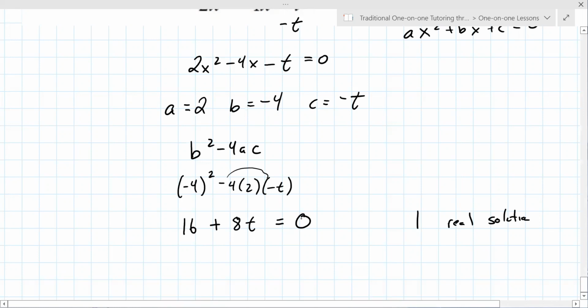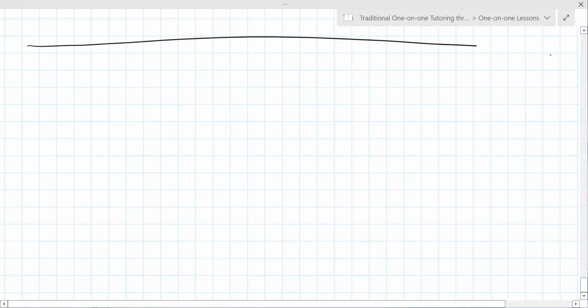Could you solve this for t? -2. Yes. Very good.